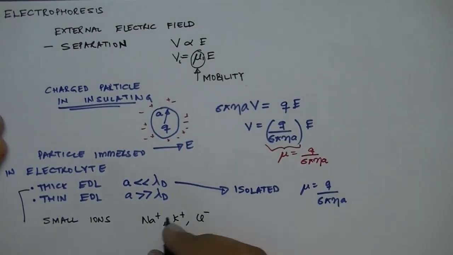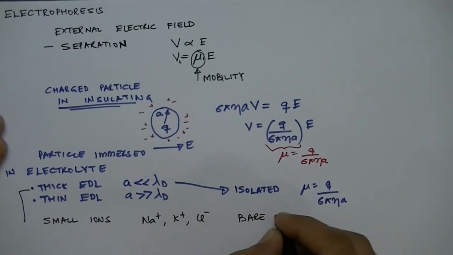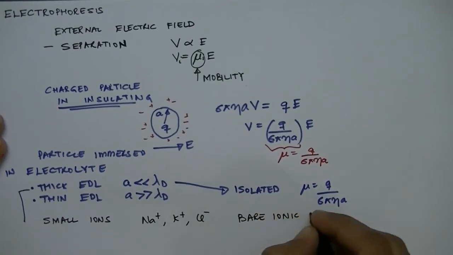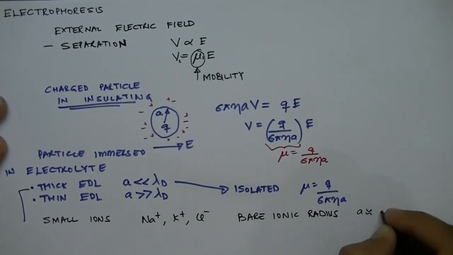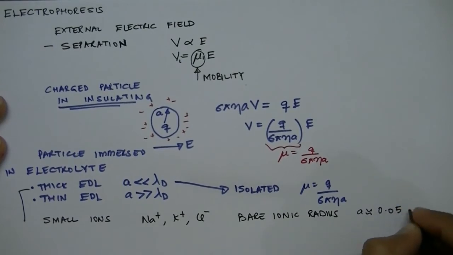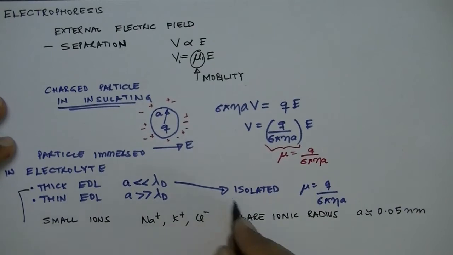Now the bare ionic radius of these ions is about 0.05 nanometers, but within an aqueous solution, you don't have this bare radius of these ions.